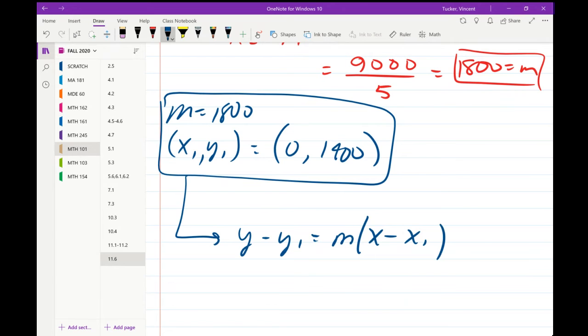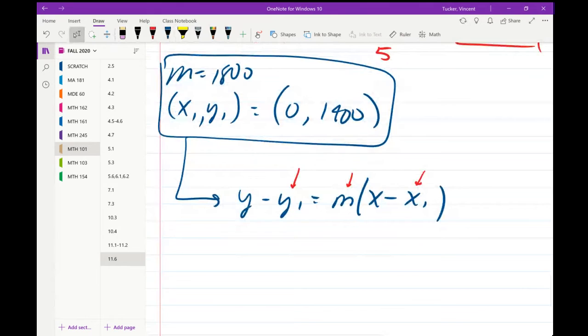All right, so we're going to plug in for x1, y1, and m. All right, so that's 1,400. Oh, that's not 1,400. That's 14,400. I left off a 4. Sorry about that. One second.